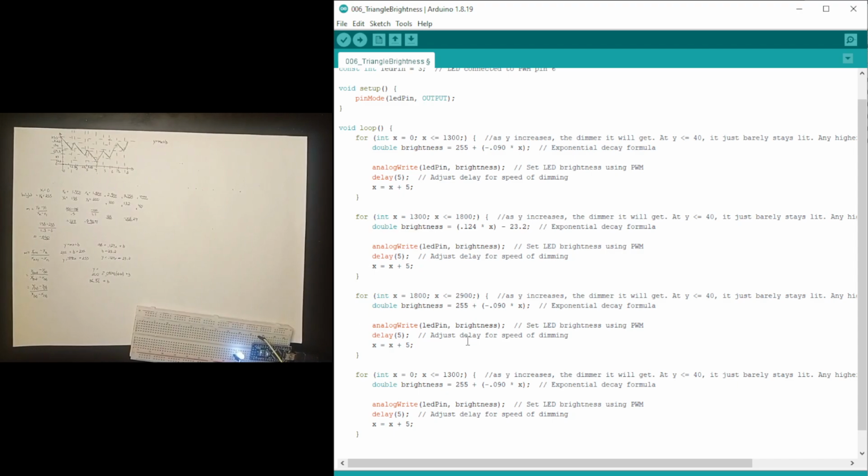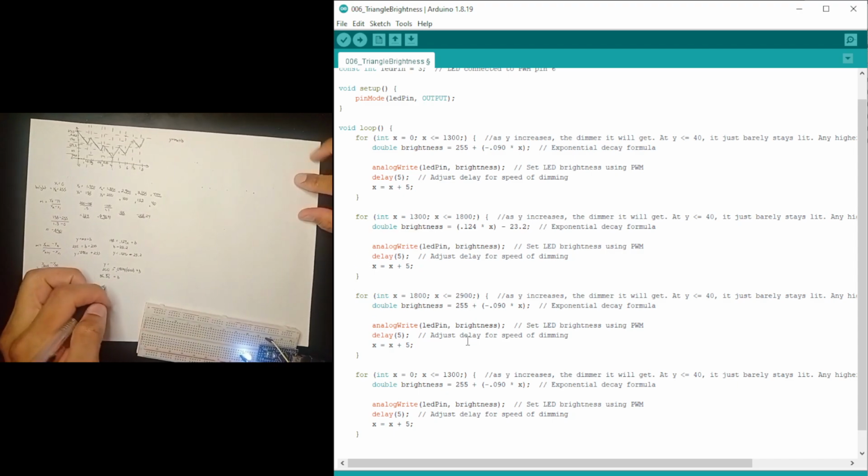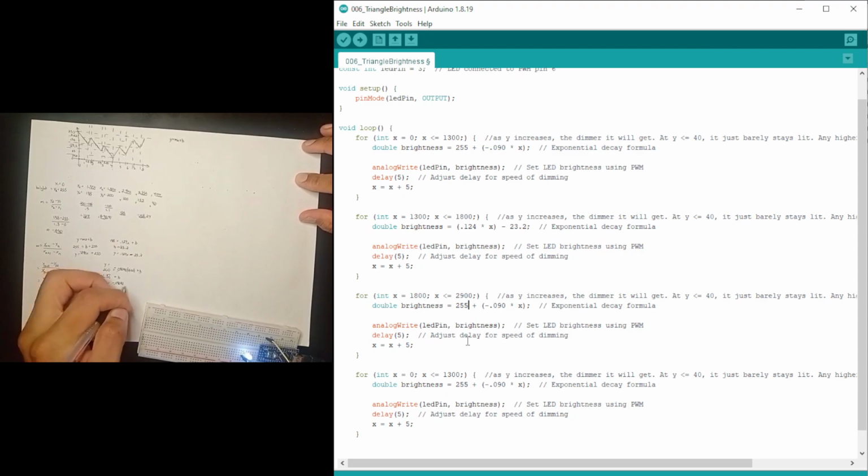Okay, and so y equals minus 0.09091x plus 36.36, repeating.